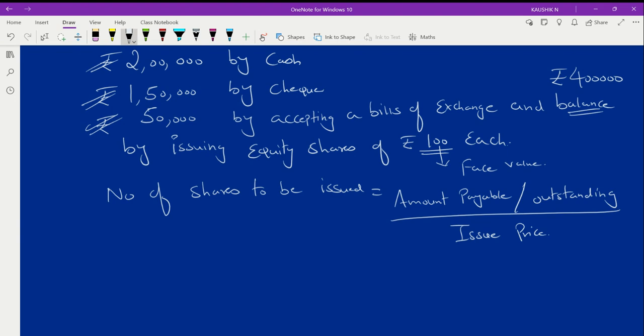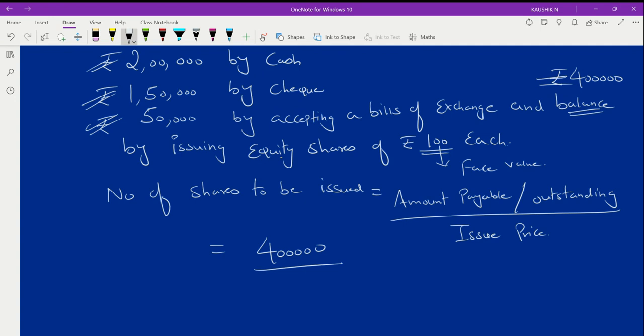Here, what is the amount payable or outstanding? We have 4 lakhs to pay. So 4 lakhs divided by issue price.